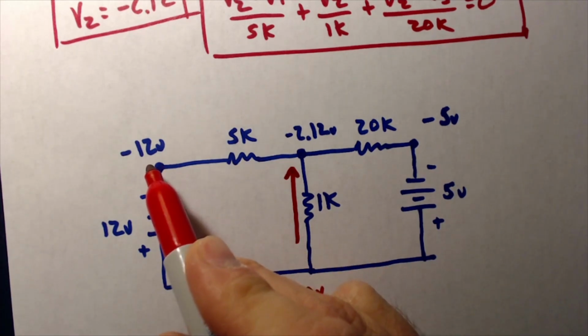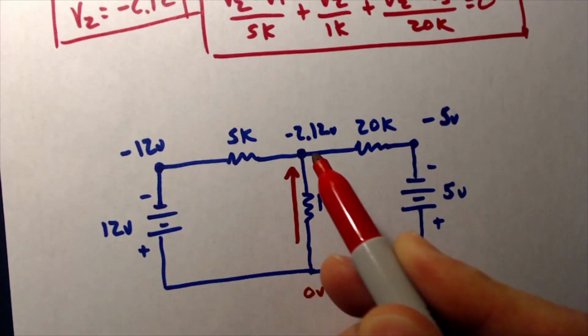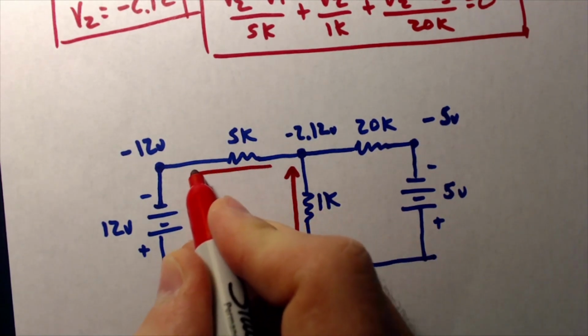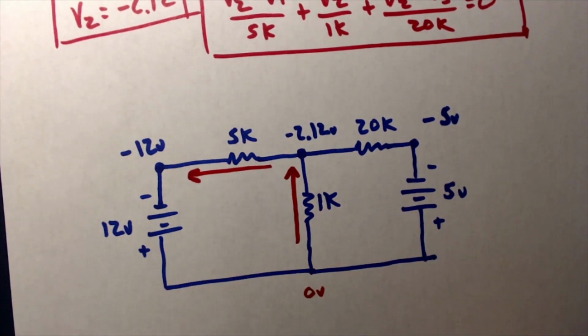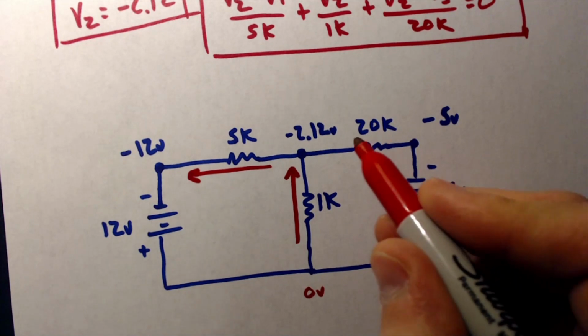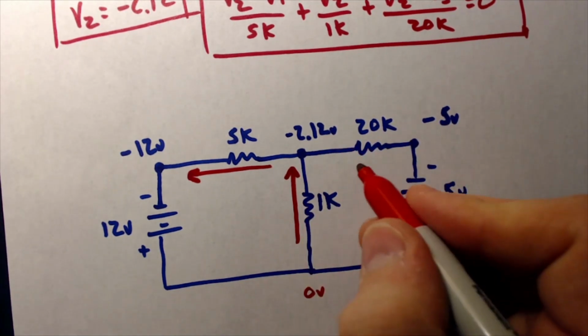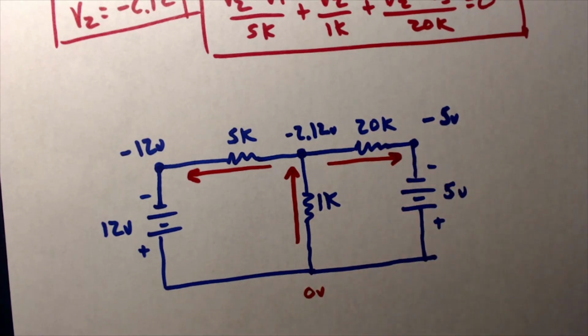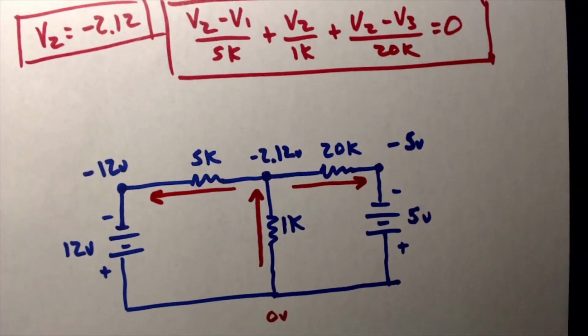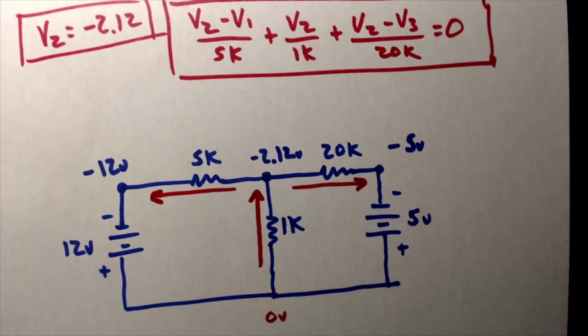Minus 12 is lower than minus 2, so our real current is going down like that. And then over here, minus 5 is lower than minus 2.12, so our real current's going there. Alright, that's what our actual current directions are doing.